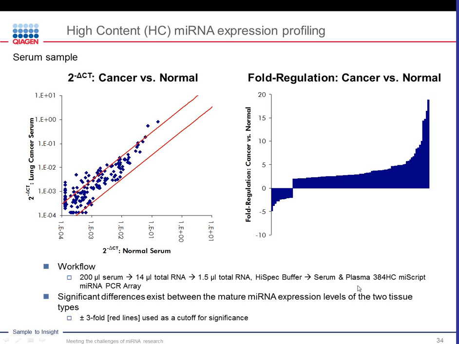And recently, Victor Ambros and colleagues used the serum and plasma array to identify a biomarker signature for acetaminophen toxicity. And when you look at your normal levels versus your lung cancer serum levels of microRNA, significant differences exist, with a host of microRNAs being increased in expression.